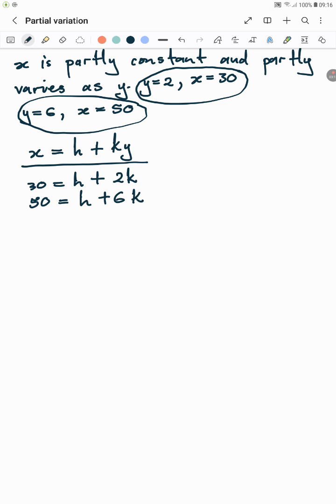So here we can solve by elimination, just subtracting equation 2 from equation 1. So 30 minus 50, you get minus 20. h minus h, you get 0. And 2 minus 6, you get minus 4k. You divide both sides by minus 4. Here you get 5 is equal to k.